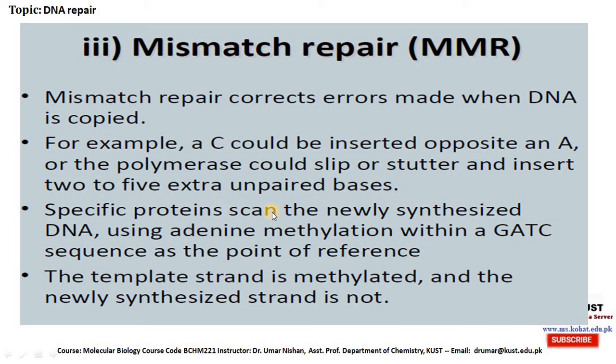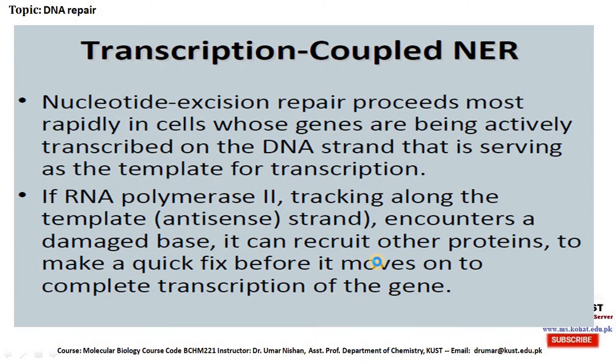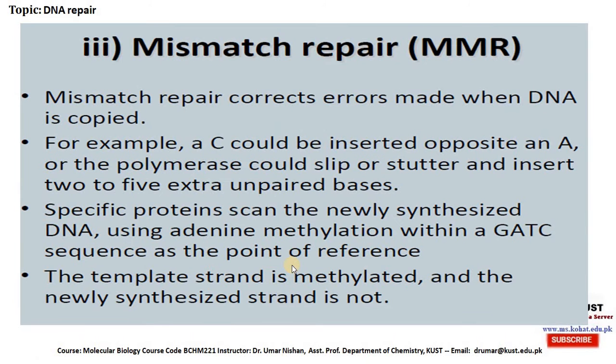Specific proteins scan the newly synthesized DNA using adenine methylation within a GATC sequence as the point of reference. The template strand is methylated and the newly synthesized strand is not.